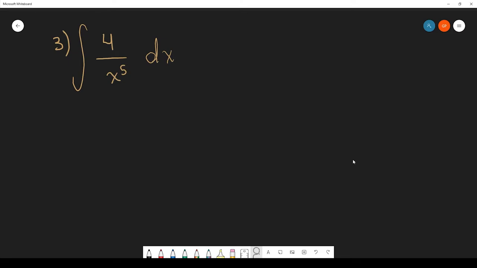Another kind of problem you might encounter is one where the variable, x in this case, is in the bottom of the fraction. To do this kind of antiderivative, there are several ways you can approach it. The way I would approach it is to bring up the x to the 5th power by making the exponent negative. So this integral is actually equivalent to the integral of 4 times x to the negative 5 power dx.